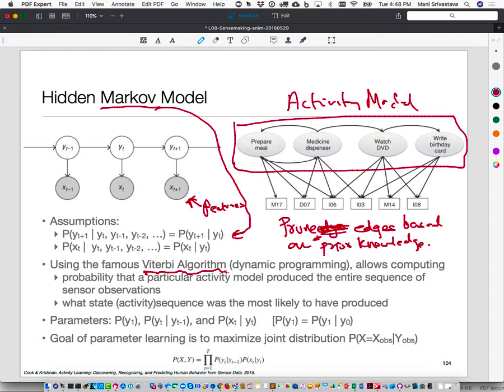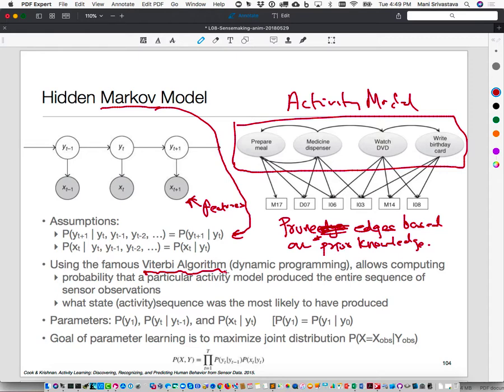Using that, you can compute two things. You can say the probability that a particular activity model produced the entire sequence of sensor observations. So if I give you a sequence of X vectors, I can answer the question: what is the probability that a model whose parameters are all given would have produced it?